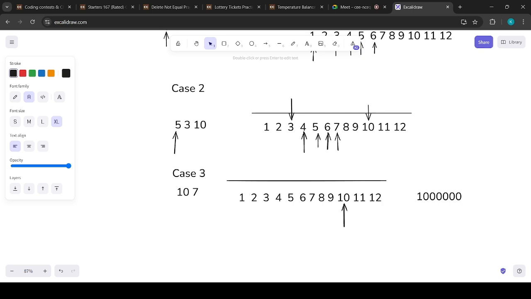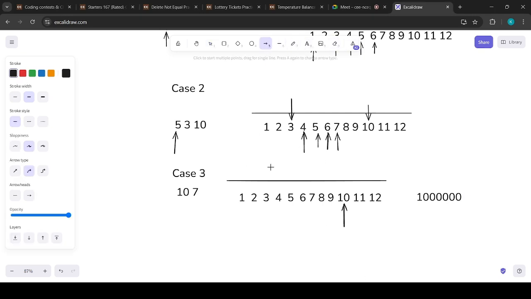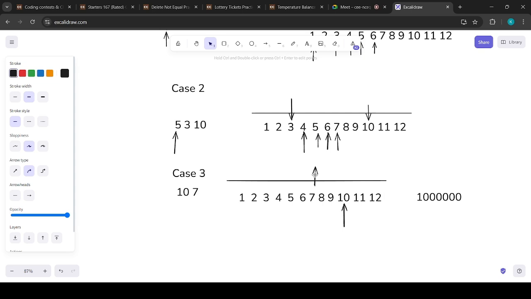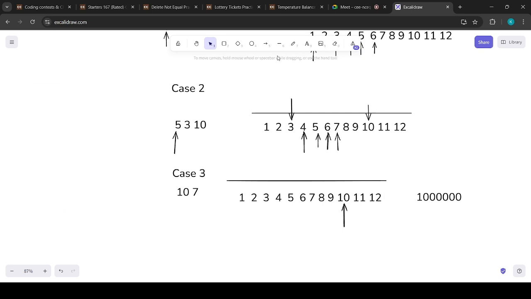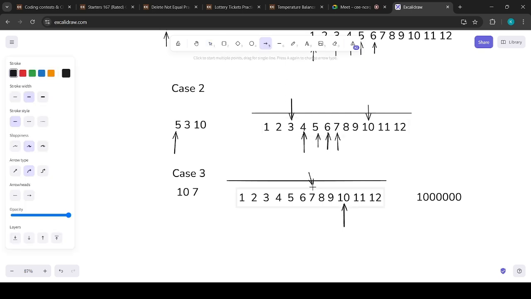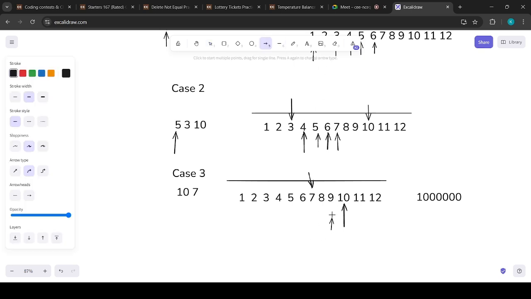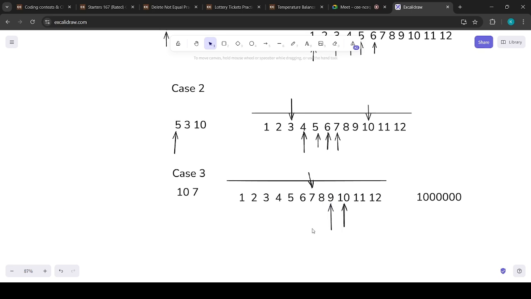The other person is taking the number 7, so Chef can take numbers only from 9 between 7 and 10, because 9 has less distance from 10 than from 7.